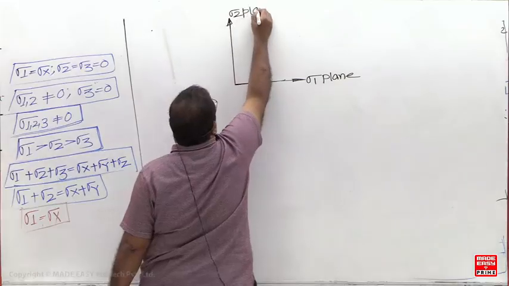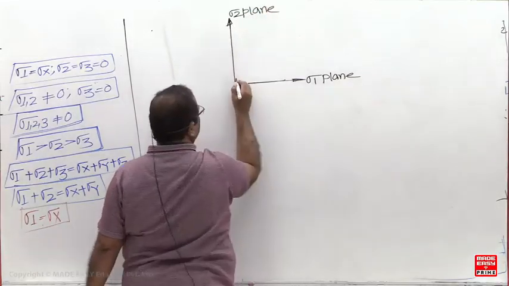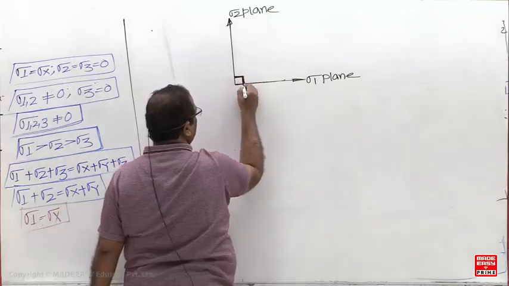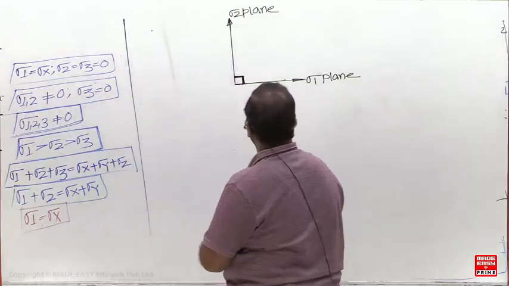Principal planes are always mutually perpendicular. Tau max planes are also mutually perpendicular.